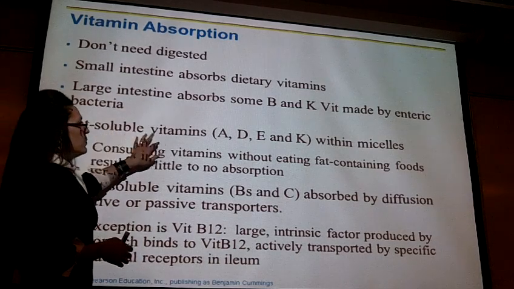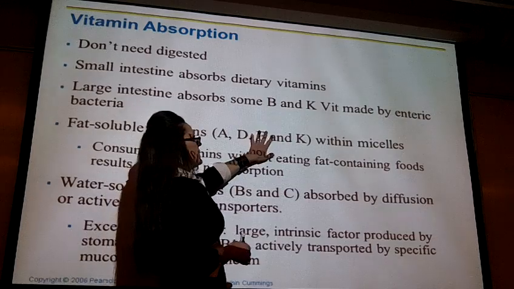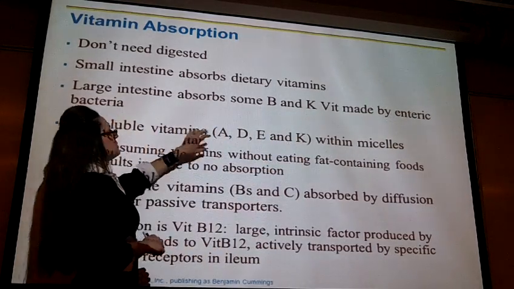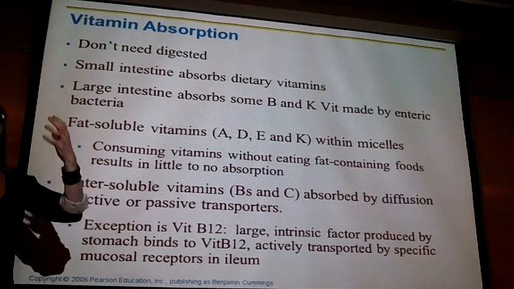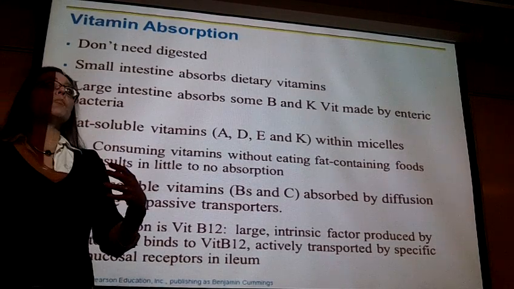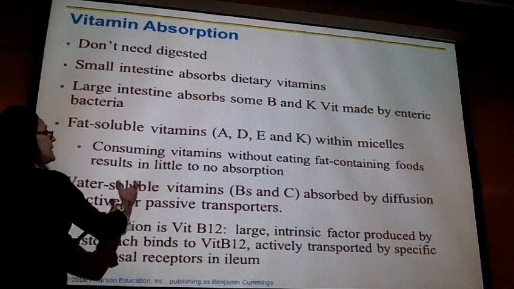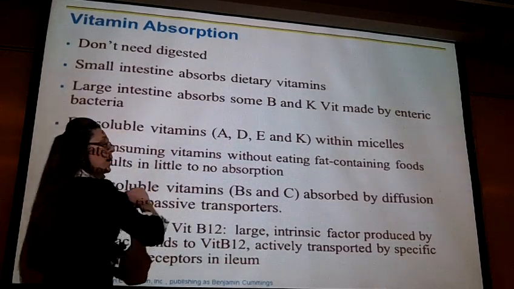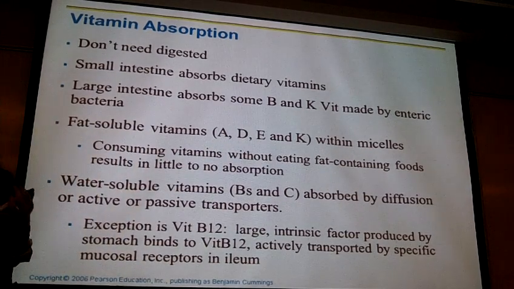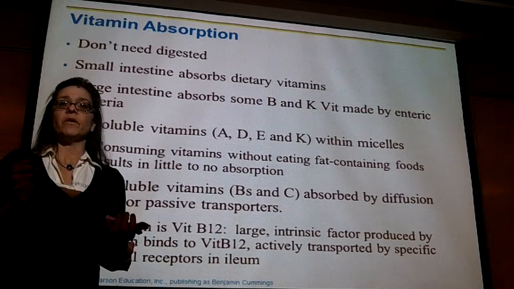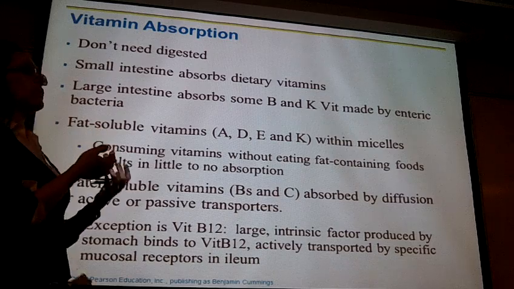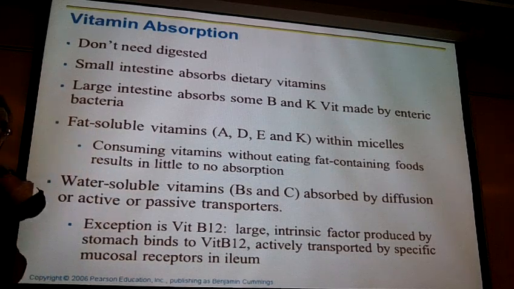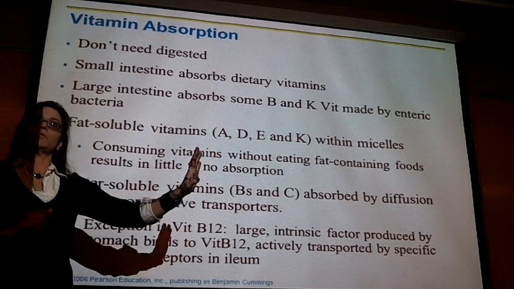So your fat soluble vitamins are A, D, E, and K. And these guys are going to get absorbed with fats. So it's very important, if you want to be getting these vitamins into your body, you have to eat a certain amount of fats. It doesn't need to be very much, but you have to have fats present for those vitamins to get absorbed. Otherwise, they'll just go right through the GI tract.